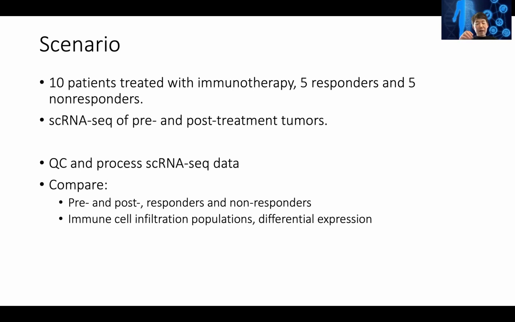You want to look at their immune cell status, immune cell infiltration level, differential expression, and things like that, right? And then, once you do differential expression of the different cell types, you can do gene ontology, pathway enrichment, and the third is to check other cohorts, check other immunotherapy cohorts, to see whether whatever you are seeing is reproducible, or at least it's a phenomenon that holds in other cohorts.